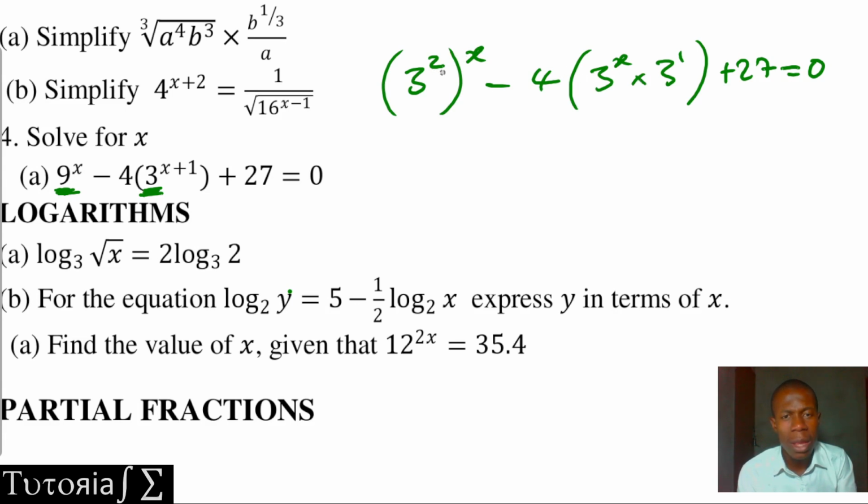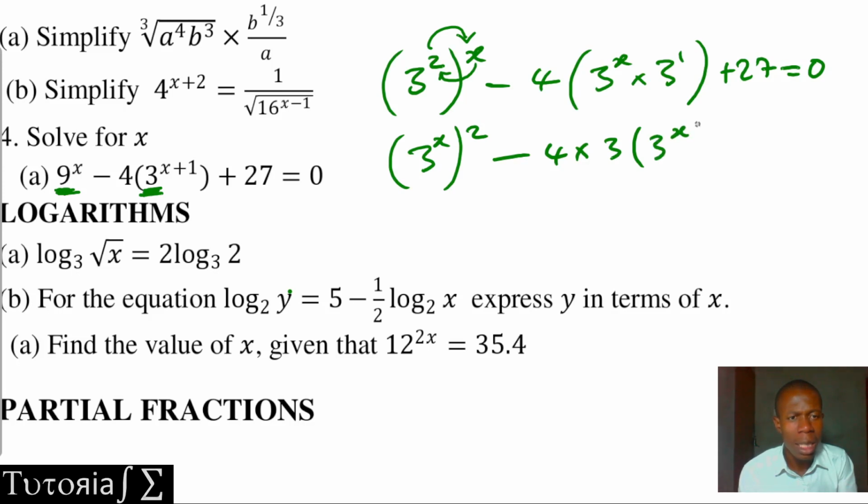We want the 3 to the power x to be visible here, so we can swap the powers. So this can go outside and this come inside, so that we have 3 to the power x, then to the power 2 minus, so this can be written as 4 times 3, and we have 3 to the power x there. So we want the 3 to the power x to be visible, plus 27 equal to 0.